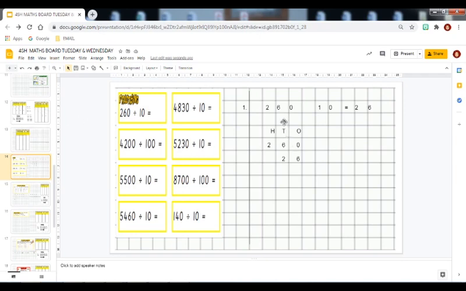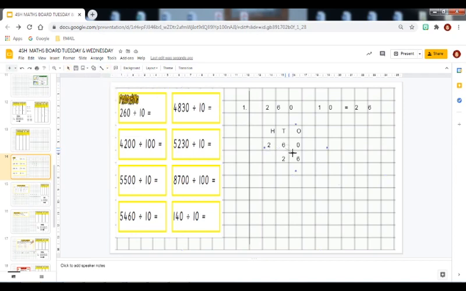I have set out the example of the first one, number 1, which is 260. I know I want to divide it by 10. So it equals, I've then used the place value grid, hundreds, tens, ones. I've got my 260. As you can see, I've moved it one space only to the right.